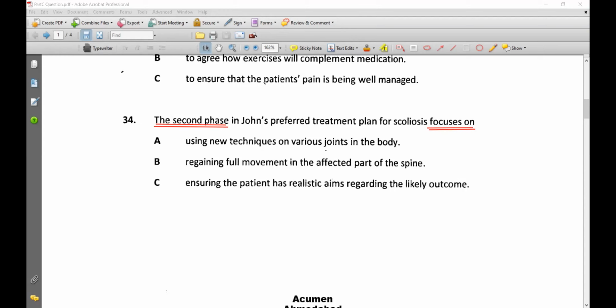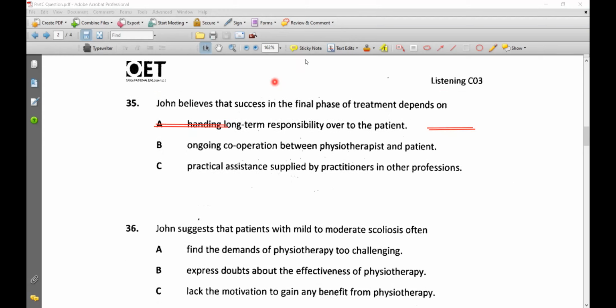After that, question 5. John believes that success in the final phase of treatment depends on. So here they would talk about the final phase, and what the success depends on.